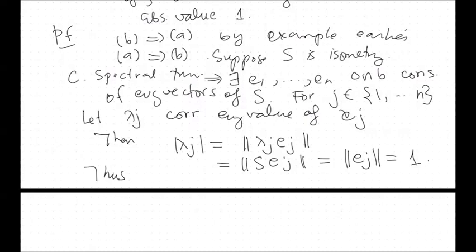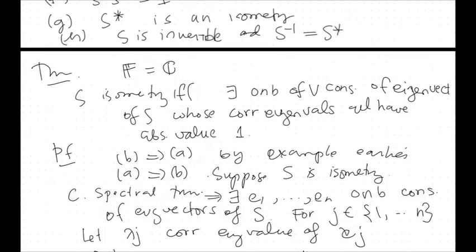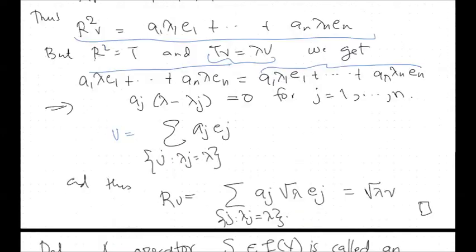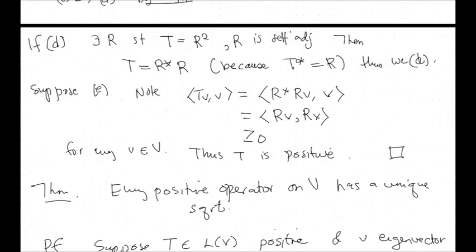Thus, your eigenvalue has magnitude 1, and this completes the proof. So if S is an isometry, then the absolute value of each eigenvalue is 1, and suppose the absolute value of each eigenvalue is 1, then S is an isometry by the example that we have earlier.